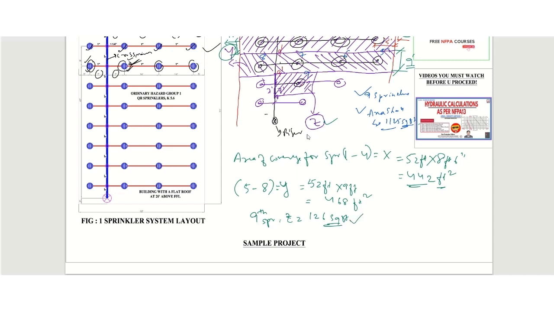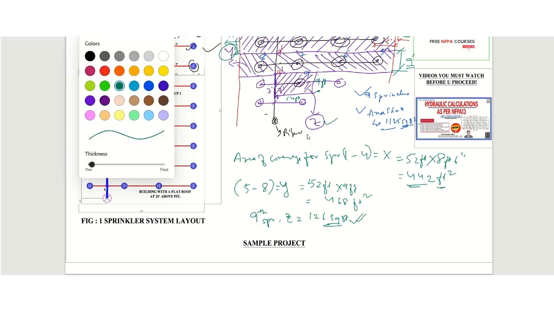Since here we have 14 feet by here we have 9 feet. So 14 feet by 9 feet. Just a minute, I will multiply 14 feet by 9. Yeah, 126 we are getting. So it comes to around 126 square feet.